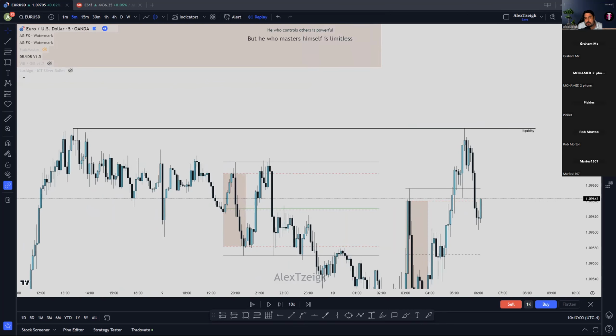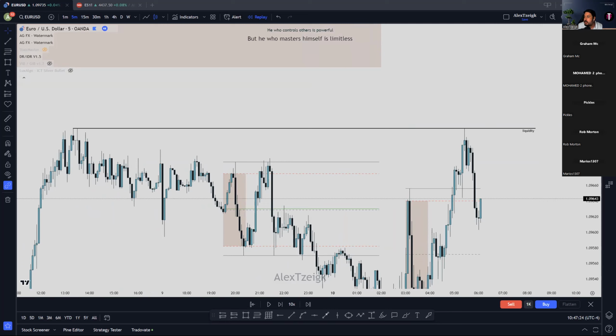And of course, what target you're going to put is what we are going to discuss in future streams about our targets and how we manage our trades. But all the concepts can be used if they fit your trading plan.